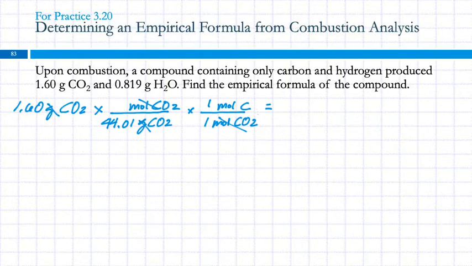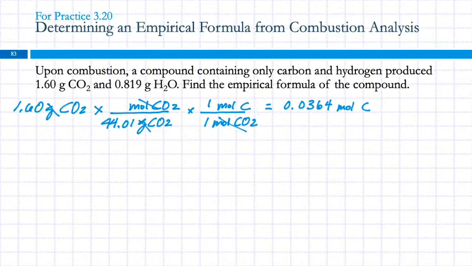So again, I want to keep at least 3 significant figures because that's what I was given, 0.0364 moles of carbon. More is better, but it can add to the tedium of all the little bits.